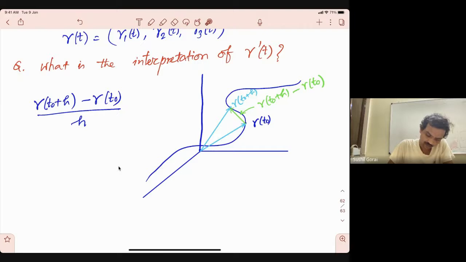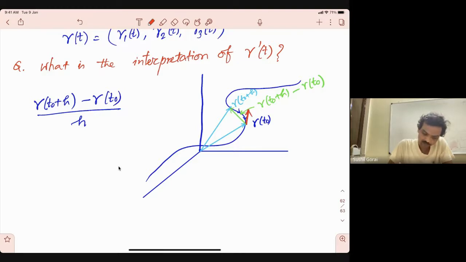Now as h tends to 0, as h moves this way, gamma t naught plus h tends to gamma t naught, and this line actually becomes the tangent.